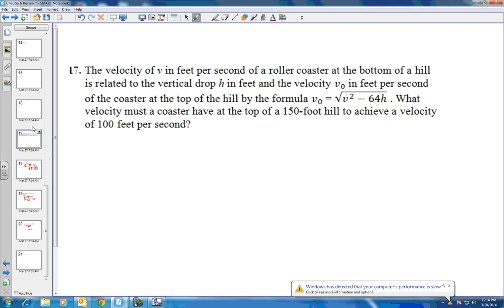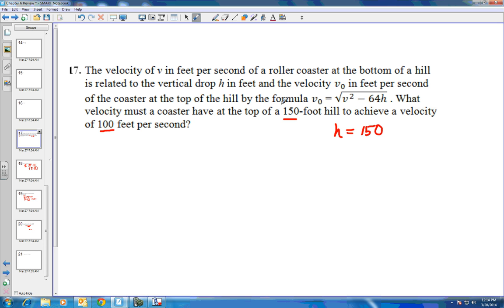So I have two numbers. I have 150 and 100. 150 is going to go in the place of what? It's 150 foot. So that's my h. 100 is, they're saying to achieve a velocity of 100 feet per second. Okay, they want to know what velocity must a coaster have at the top.